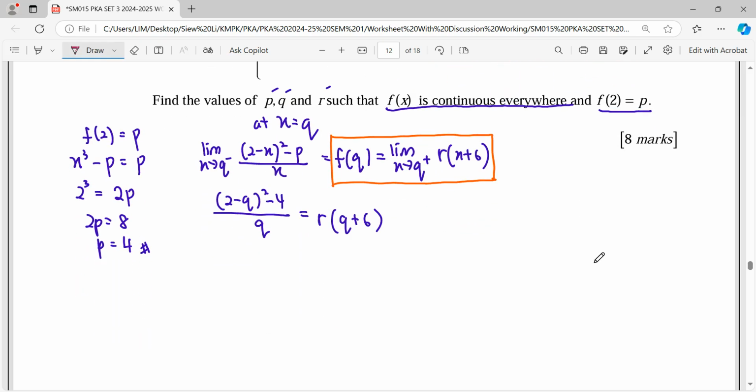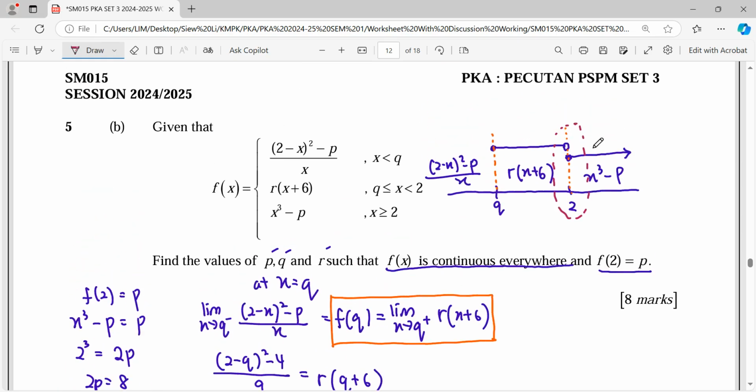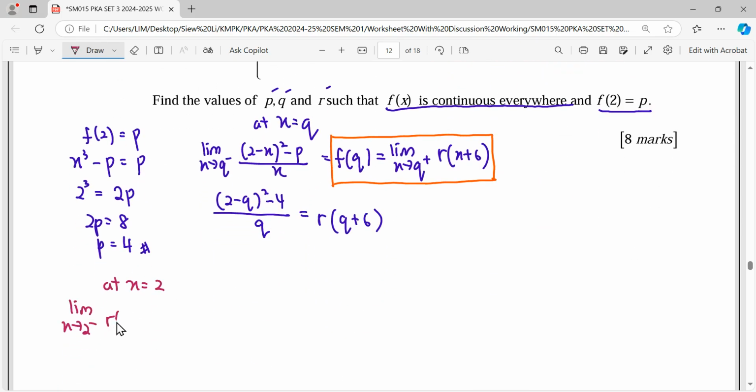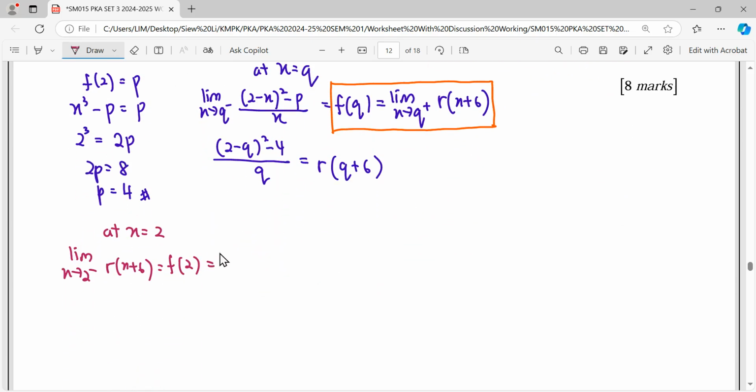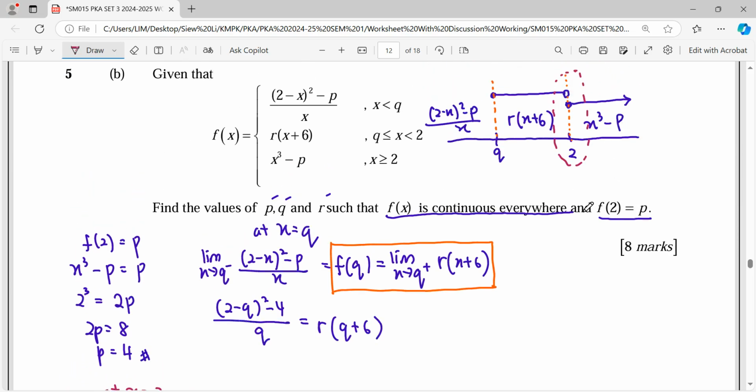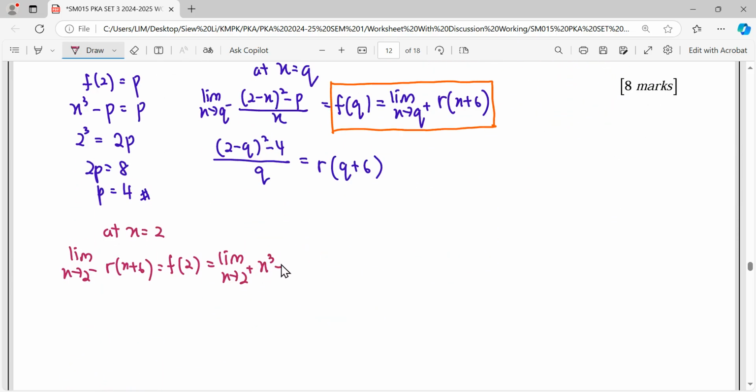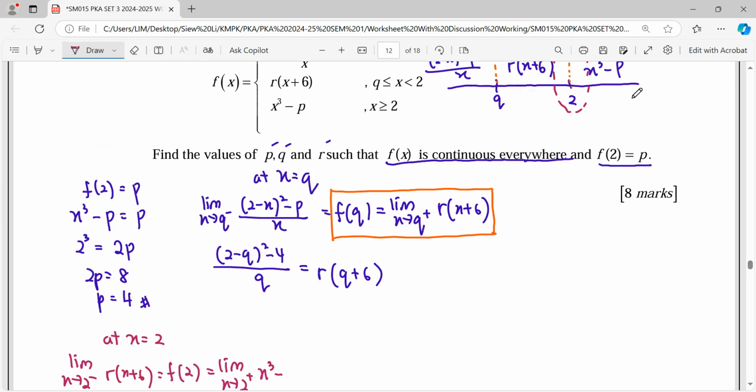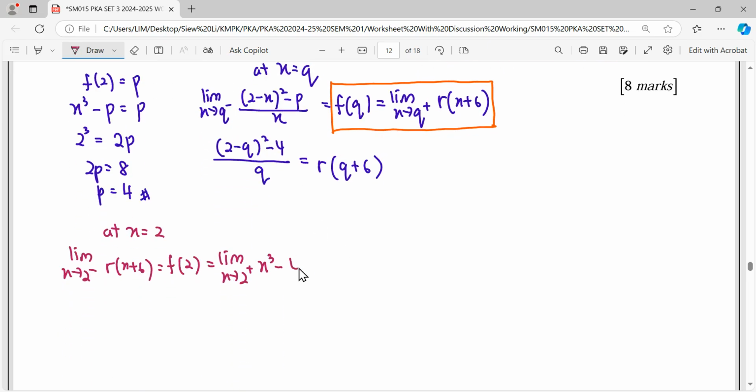So when X equals to 2, can we find some information to help us solve this equation? When X equals to 2, the limit as X approaches 2 from the left hand side, Rx plus 6, equals the coordinate of 2 and equals the limit from the right hand side, x cubed minus p, where p we found just now is equal to 4.